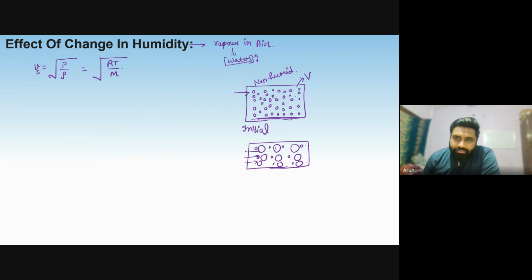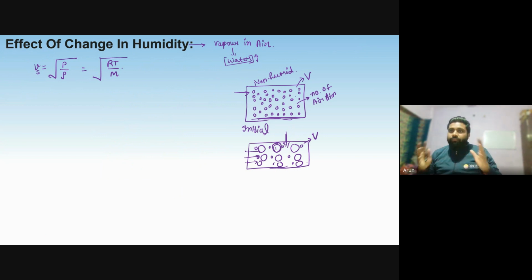If you see, the volume is same. We have the same volume. But effectively, let me see the number of air atoms. So can you see the effective number of air atoms has decreased in this, because most of the volume, H2O is a bigger molecule than air molecule.